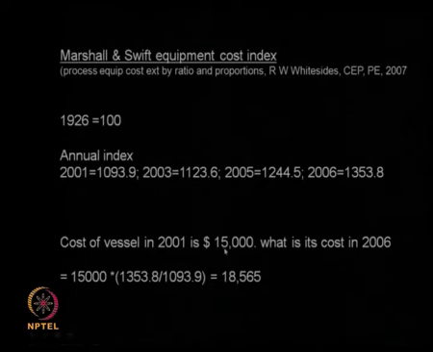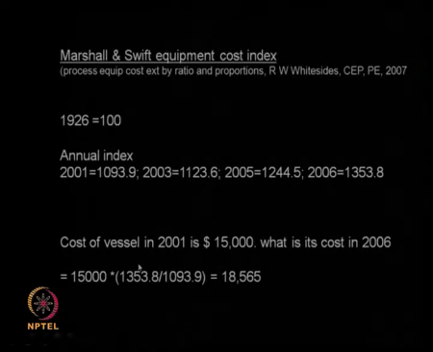The 2001 price is 15,000. So 15,000 into 1353 divided by 1093 will give you 18,565. So approximately the equipment will cost $18,565 in the year 2006 if it cost $15,000 in 2001.